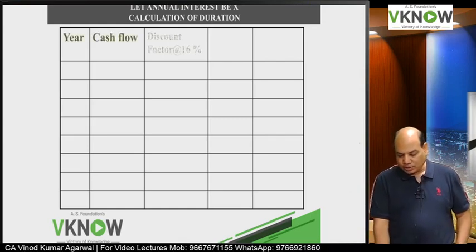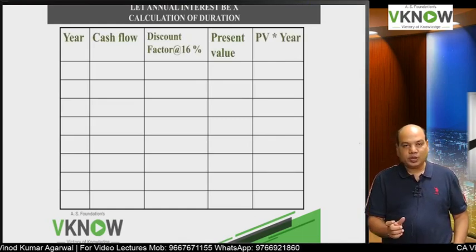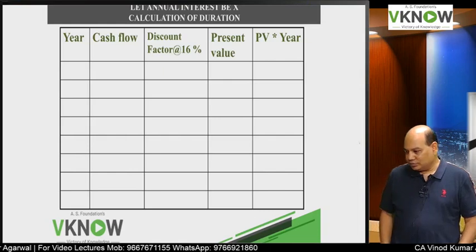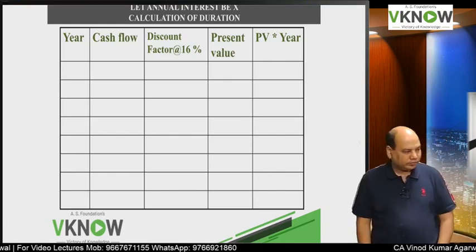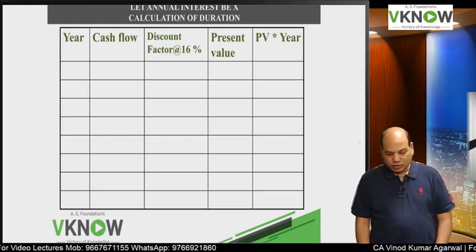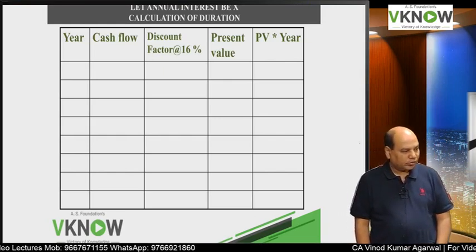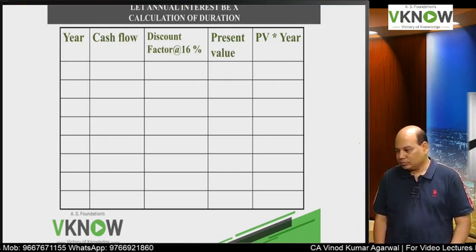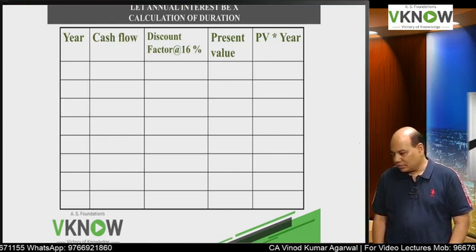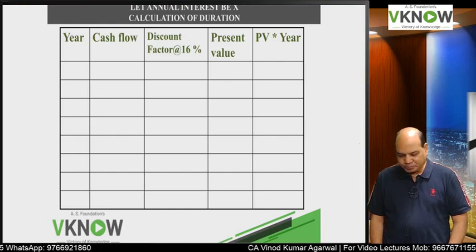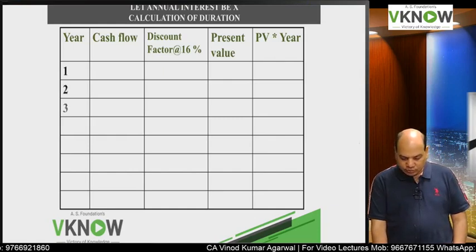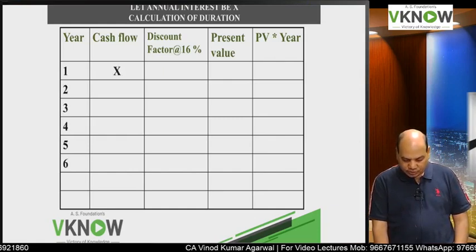Solve like a normal question, but instead of coupon amount, we will put the value as X. So write down year, cash flow, discounting factor at 16%, present value, present value into year. So then you write down year column 1, 2, 3, 4, 5, 6.